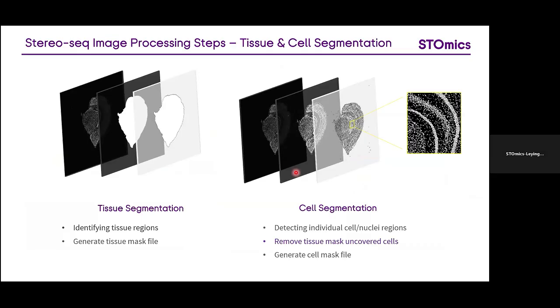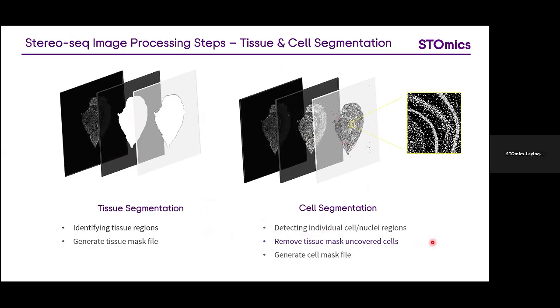Then the next steps are tissue segmentation and cell segmentation. Tissue segmentation identifies tissue boundaries, while cell segmentation focuses on detecting each individual cell. Both processes generate mask files, which are binary files that distinguish foreground targets from the background.